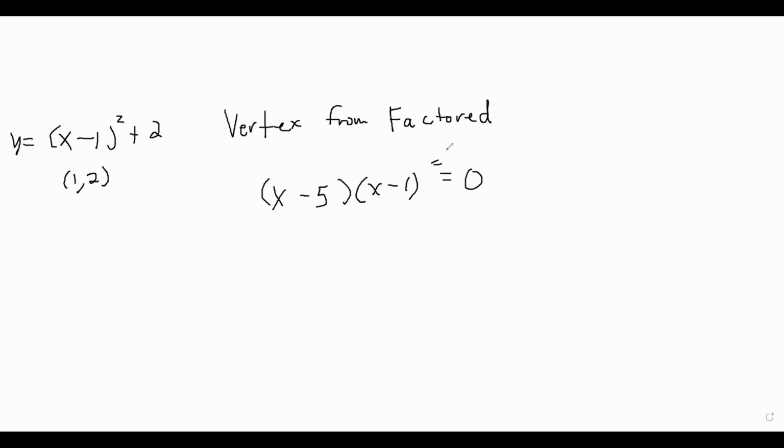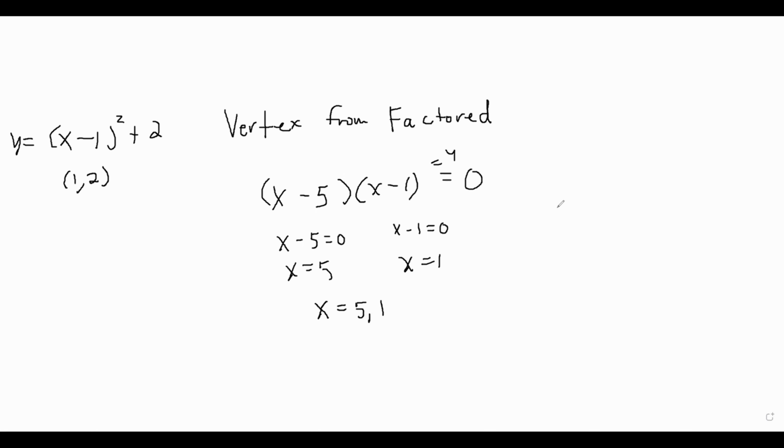And then it will be x minus 5 equals 0. x is 5. And then x minus 1 is 0, and x is 1. So here are our two solutions. We can write them as x equals 5 and 1.